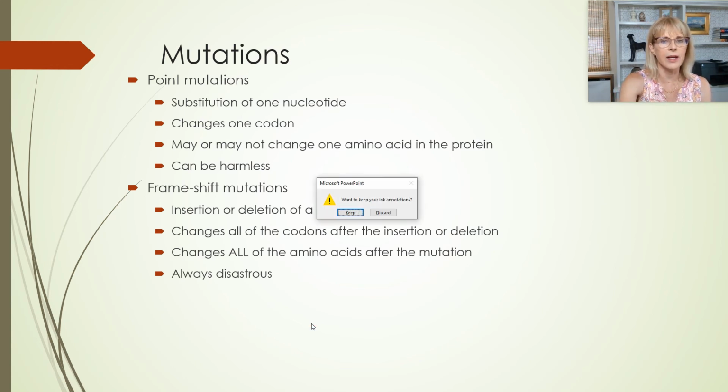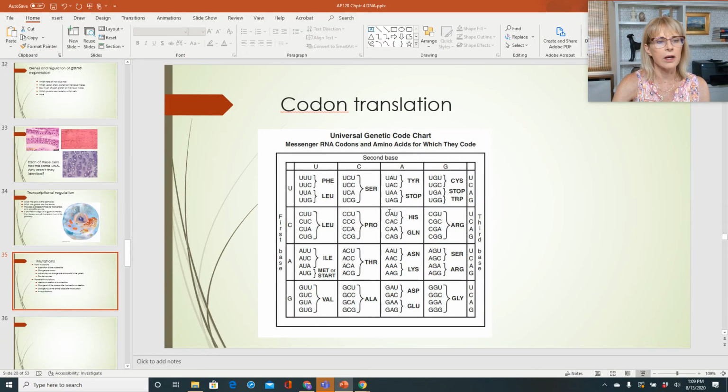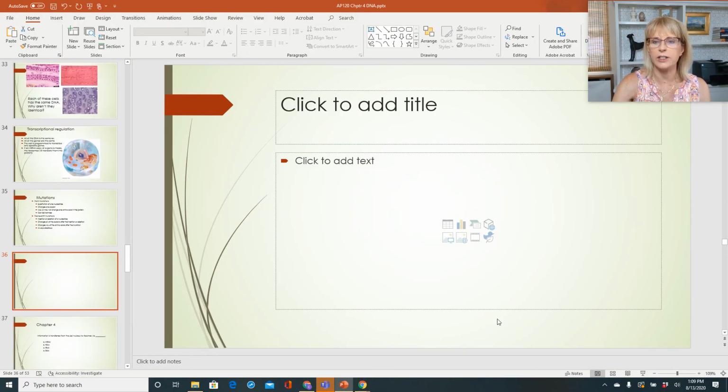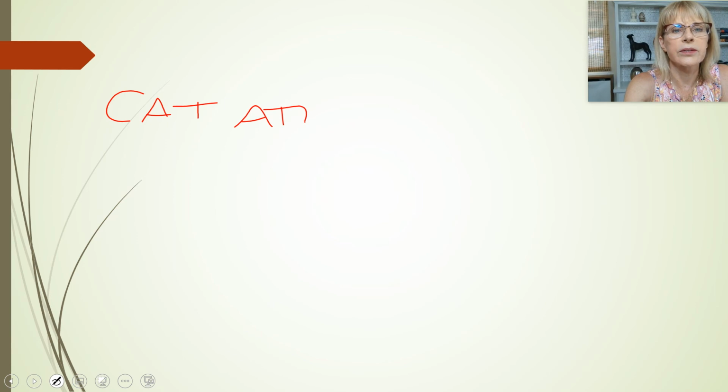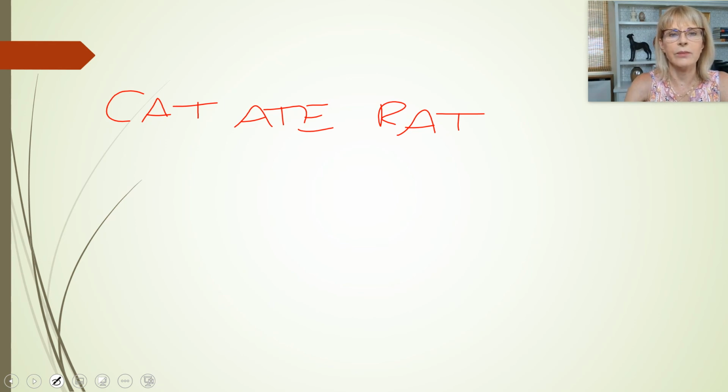Let me give you an example of a frame shift mutation. Okay. All right, so a pen. Cat ate rat. Cat ate rat.